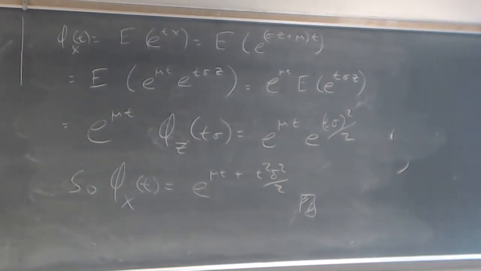Let's check the characteristics for a normally distributed random variable using the moment generating function, namely its expected value and variance.